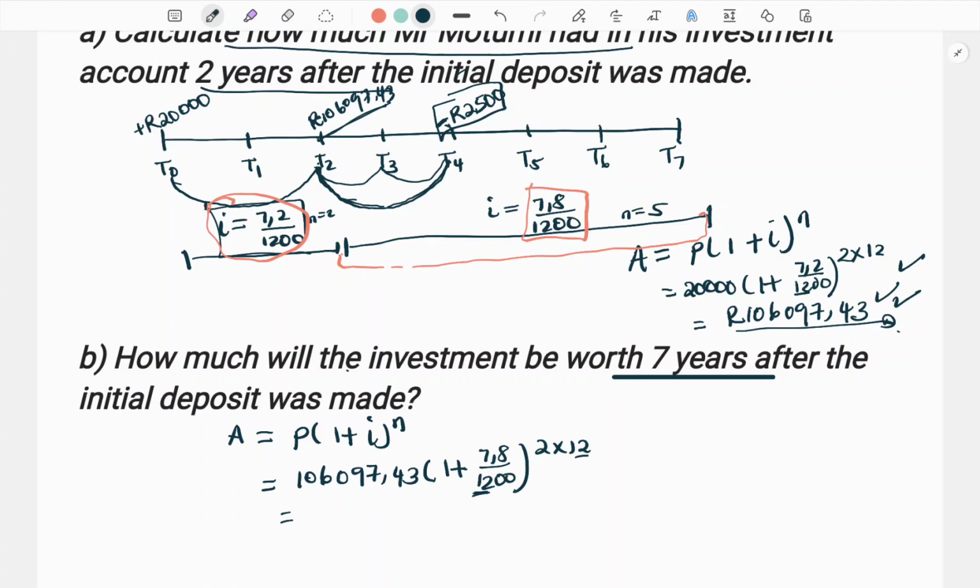106,097.43 times (1 plus 7.8 over 1,200) exponent of 24. I get a value of 1,239,468.70.